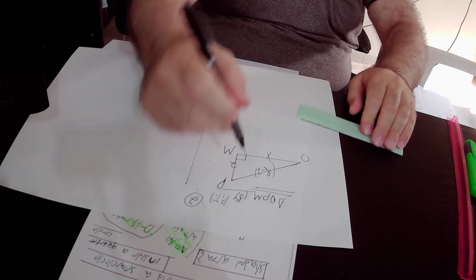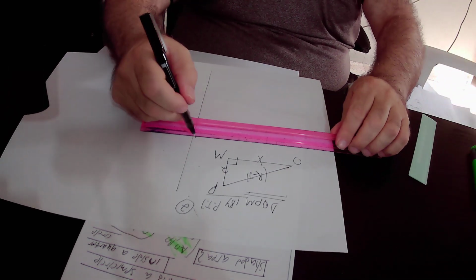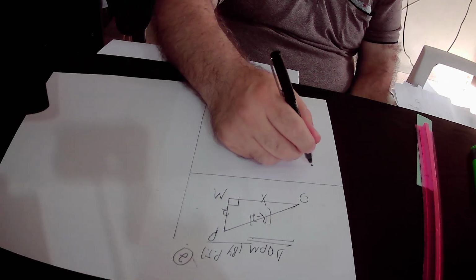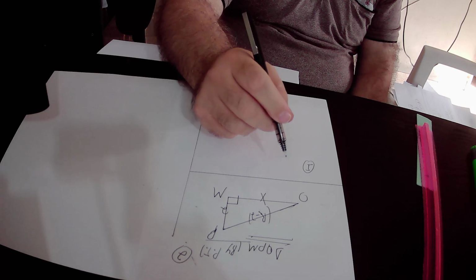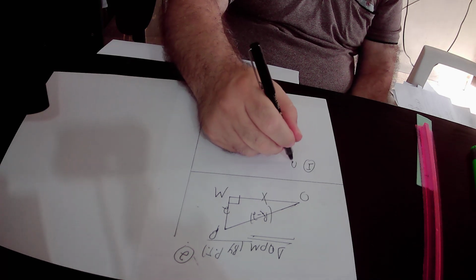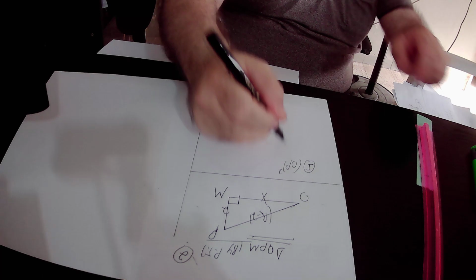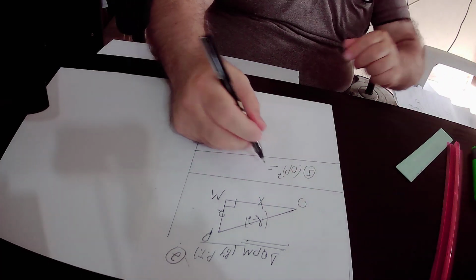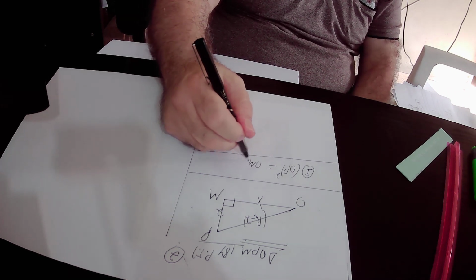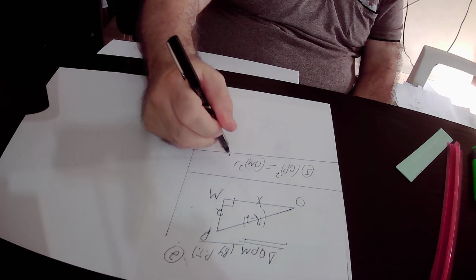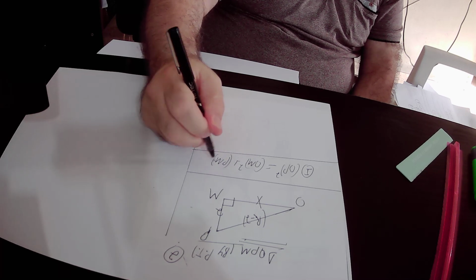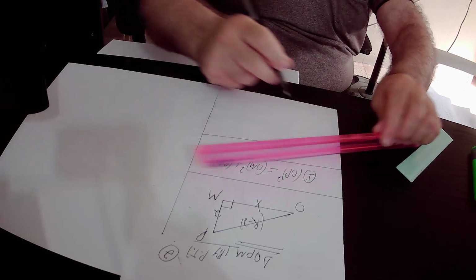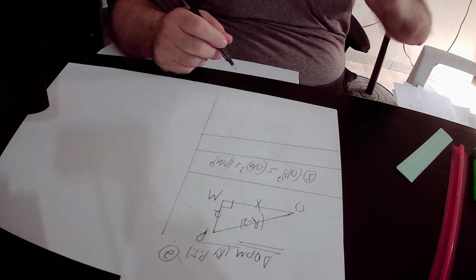So according to the Pythagoras theorem, the square of the hypotenuse equals the sum of the squares of the perpendiculars. That is to say, the square of the hypotenuse is OP squared, and it must be equal to the sum of the squares of the perpendiculars. That is to say, it must be equal to OM squared plus PM squared. So I repeat again that according to the Pythagoras theorem and equation number 1, OP squared equals OM squared plus PM squared.